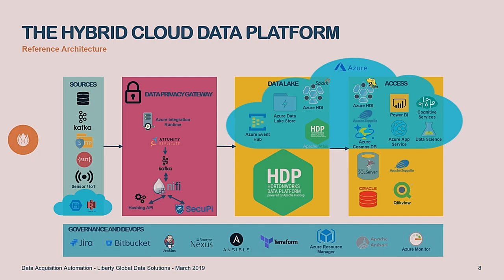On the right side, we have the data lake, which combines the Azure cloud ecosystem with our on-premise ecosystem, which runs mainly on HDP. The storage in the cloud happens on native storage for Azure, which are Azure Data Lake Store and Azure Event Hub for streams.